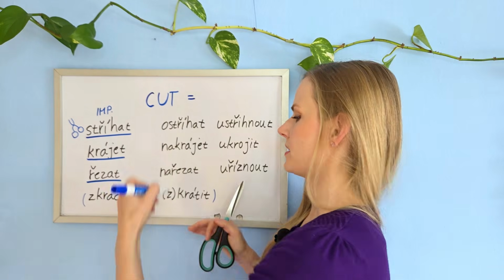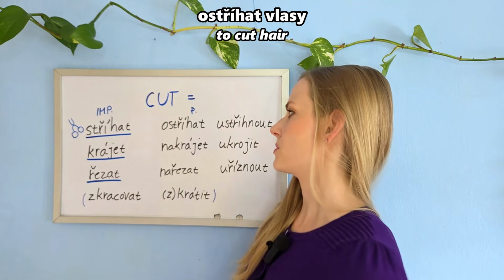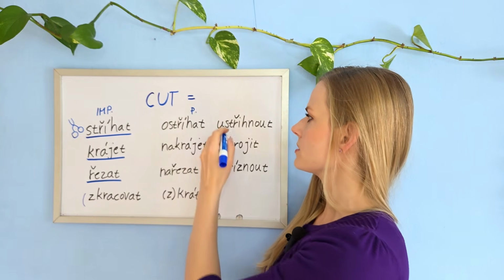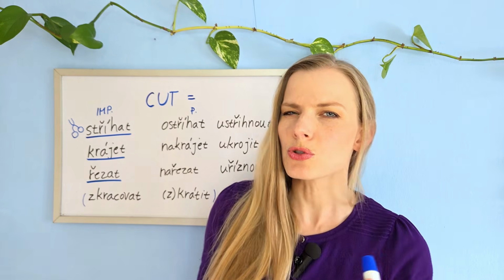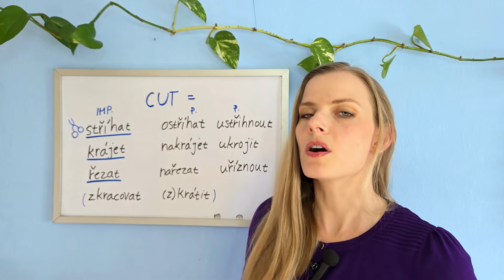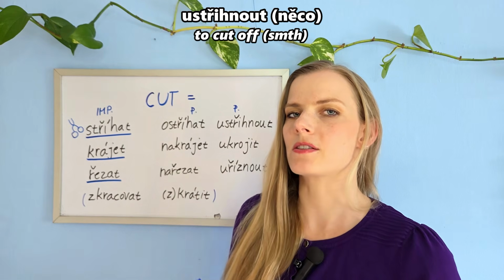Ostříhat is perfective. Ostříhat vlasy. To cut and finish cutting. It's perfective, it's focused on result. Ustřihnout, you see there is a different prefix and also a different ending. Ustřihnout is also perfective. That's usually when we talk about one piece, that we cut off one piece.